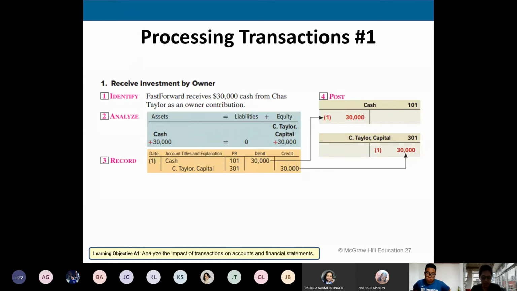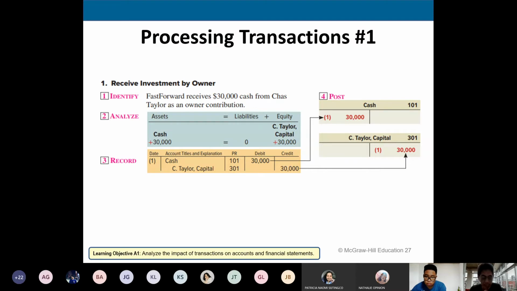Partnerships, 2 or more natural persons. A corporation cannot be a partner, or cannot enter into a partnership.